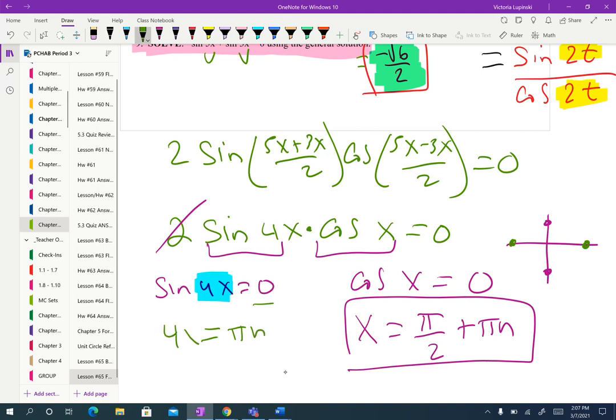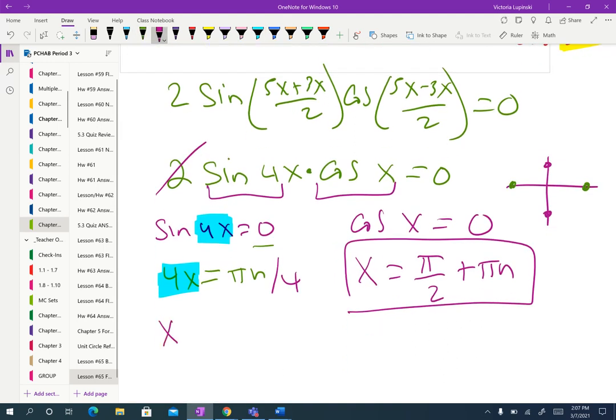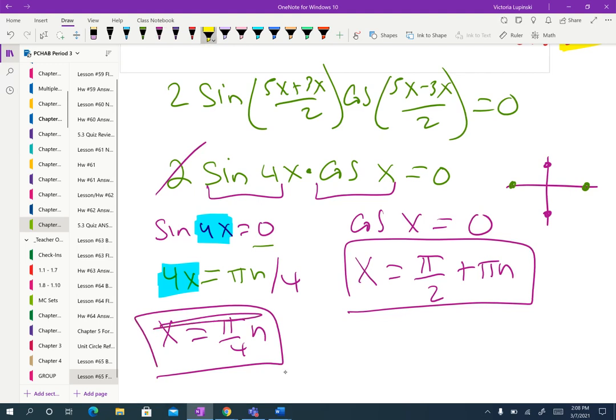And again, instead of saying x equals, you're going to say 4x equals. And then in order to get that final answer, you would have to divide by 4. So you can say that x equals pi over 4 n. And these two pieces together are going to give you your total solution here.